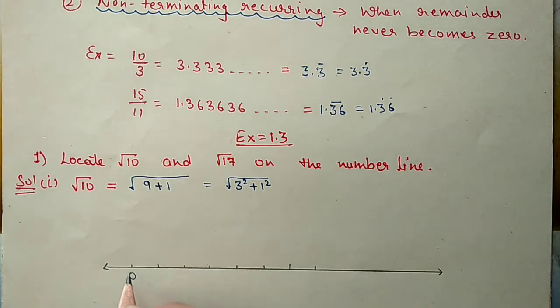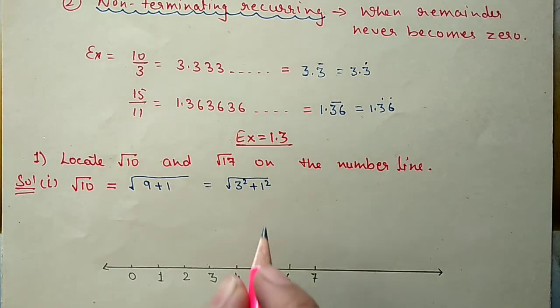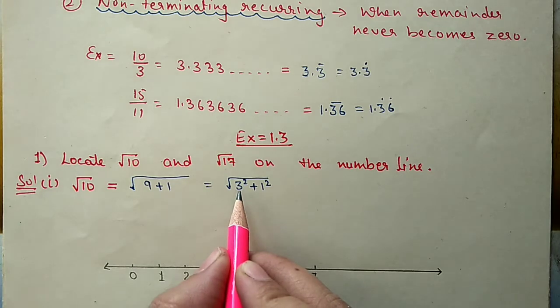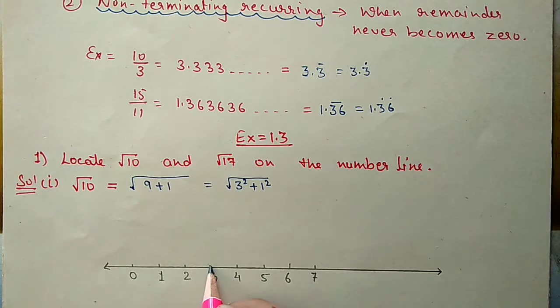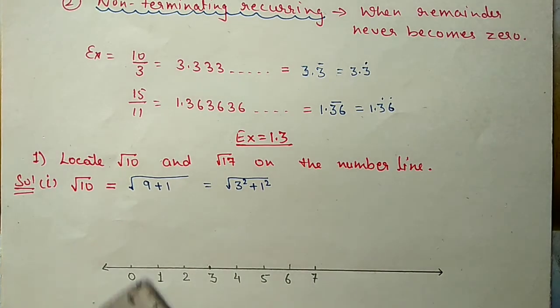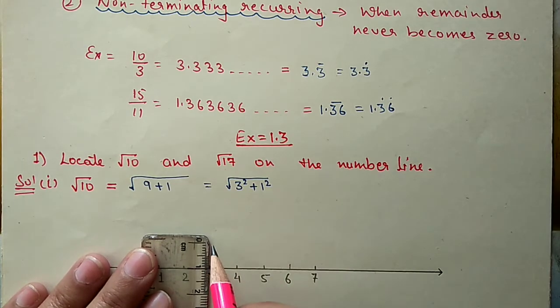Start with 0, 1, 2, 3, 4 and 5, 6, 7. Now 3, the first number is 3 here. We can take either 3 or 1 first. So first I am marking 3 on this line. So 3 is here, and after that I have to mark 1 in this direction.